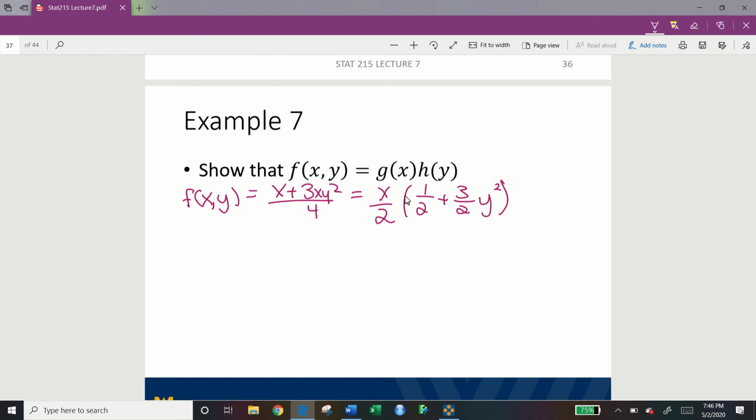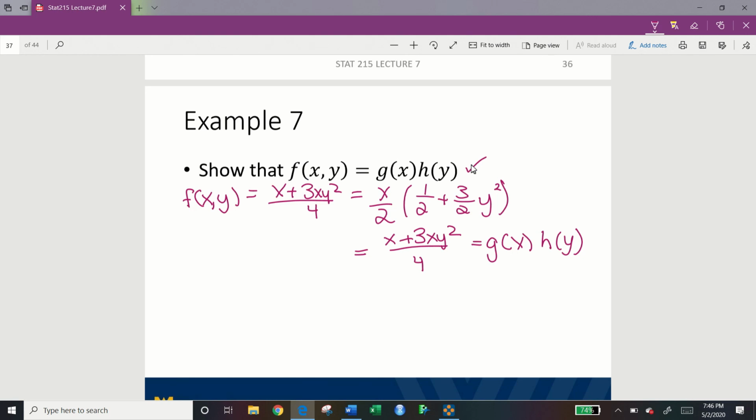All right, very good. So let's take a moment. If we simplify, we can see that this will be equal to x plus 3xy squared over 4. So therefore, we have successfully shown, and not too difficult either, that f of x comma y equals g of x times h of y.